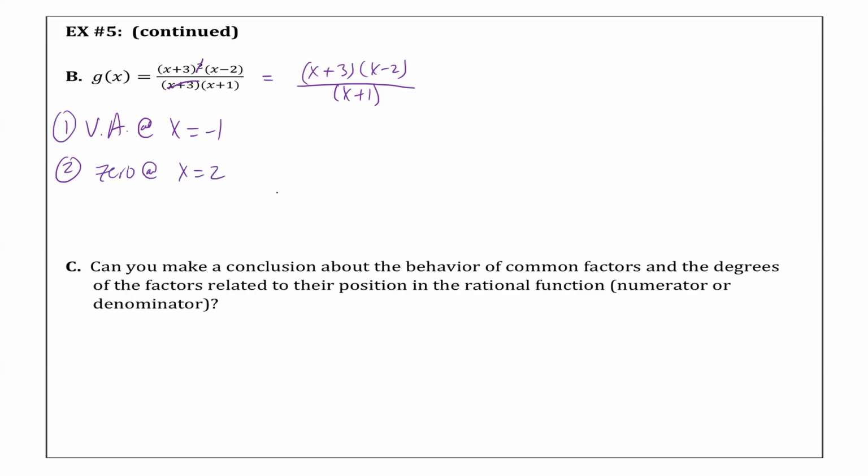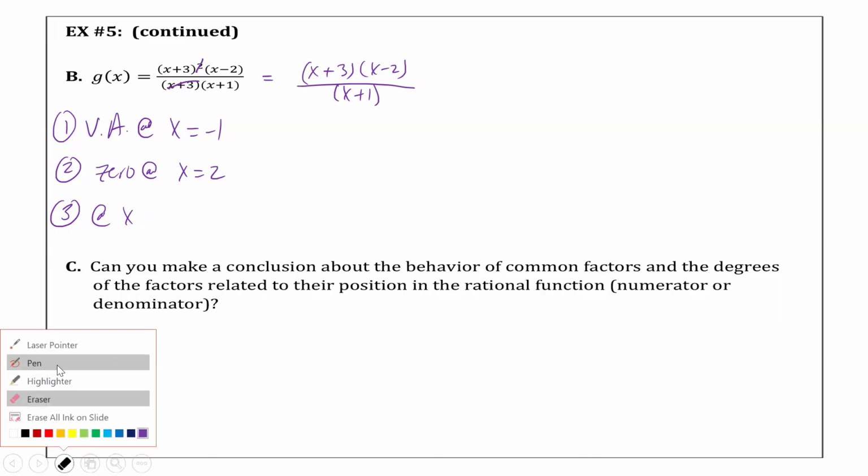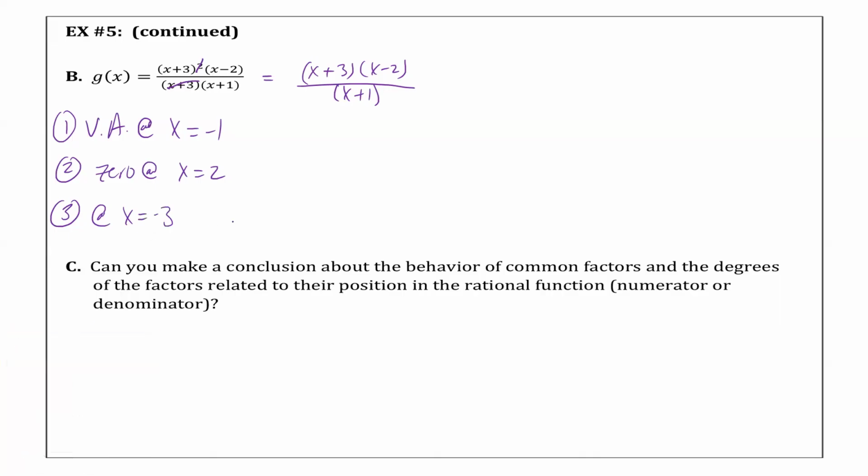And at x equals -3, there is a hole, this time because it stayed in the numerator. On the last one, we had double factors, but one was left in the denominator, which created a vertical asymptote. This time, the double factor was left in the numerator, so it creates a hole. What about the horizontal asymptote?